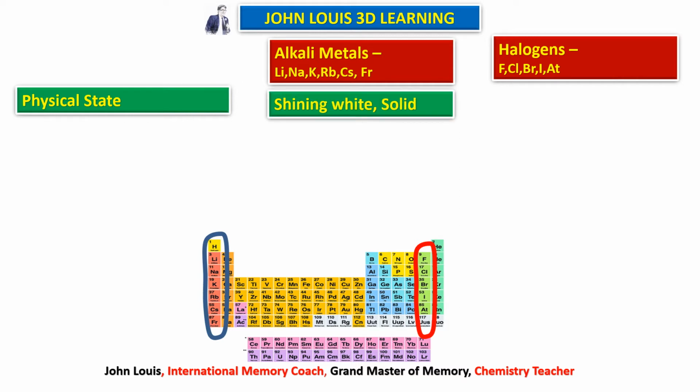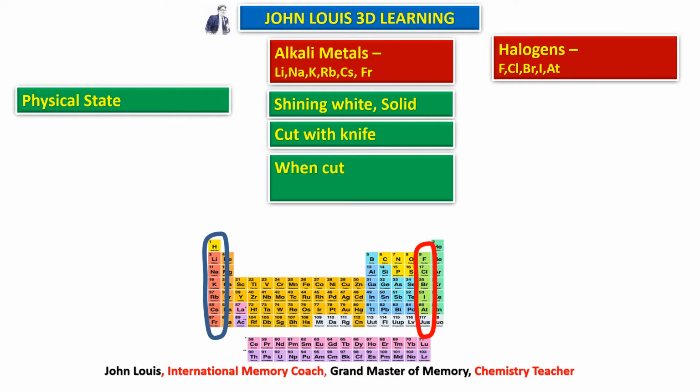See, all the alkali metals are shining white and they are solid in nature, and they can all be cut with a knife, and when cut they will be shining, but when exposed to air, the shiny color becomes dull. So these are the various physical properties of these alkali metals.